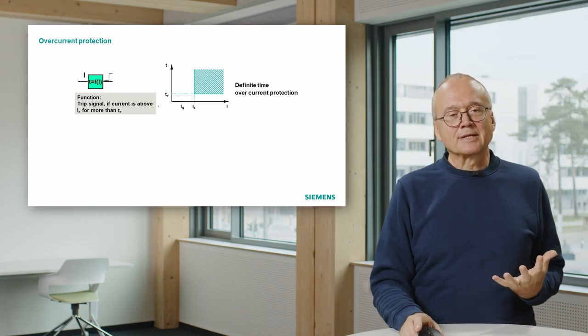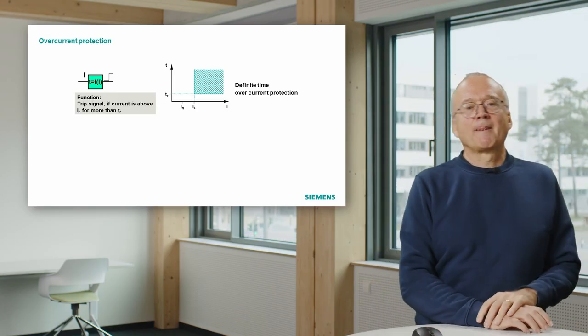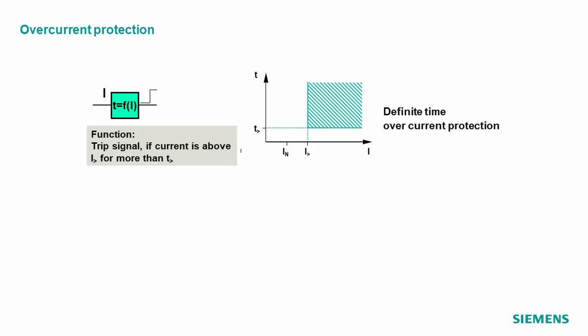That means these boxes have a different characteristic. That means a delay time depending on the current they detect. And this characteristic is normally plotted in such a diagram that you see here on the right side. The horizontal axis is the current we measure, and the vertical axis is the delay time.